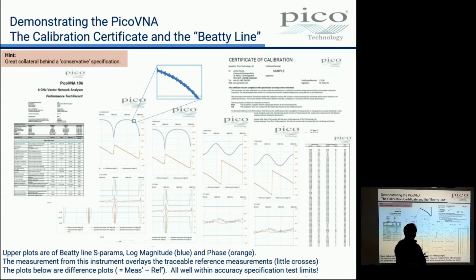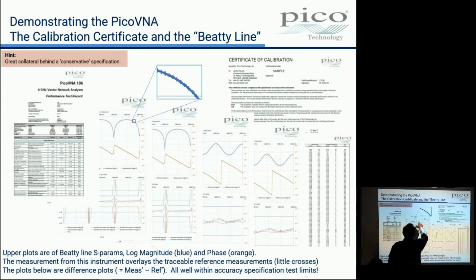And on these plots, there are 4 plots, one for S11, S22, S21, S12. At the top of the plot, there are 2 lines. This is the magnitude of S11, and this is the phase of S11 for this particular DUT.